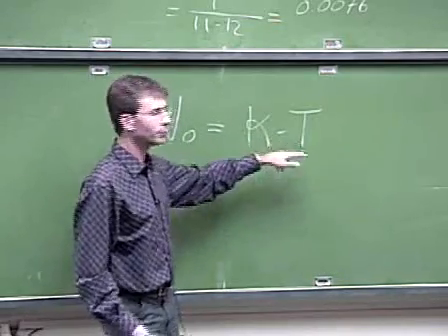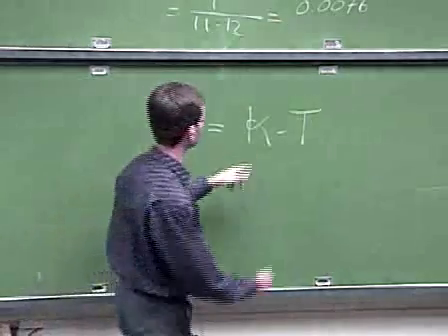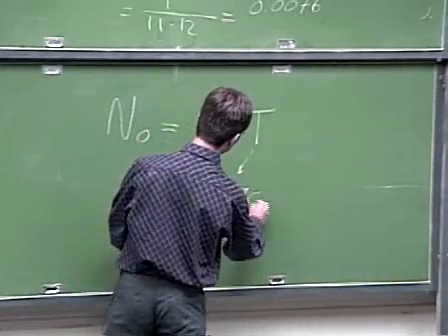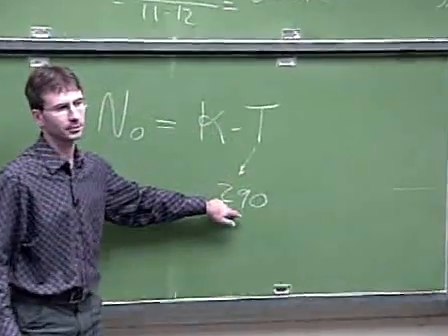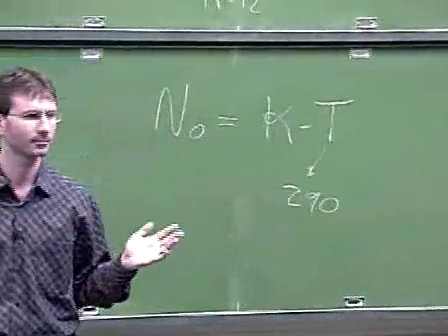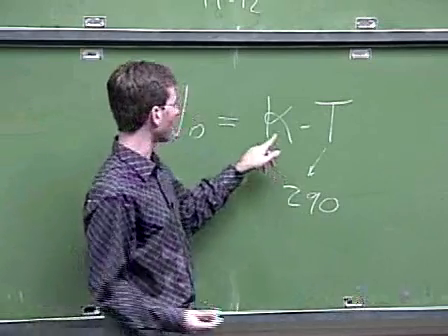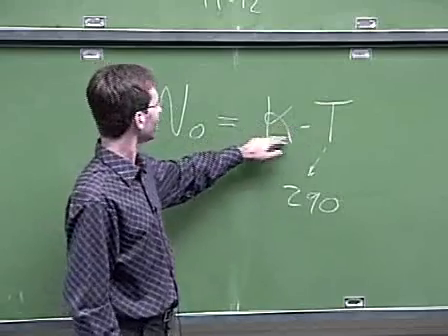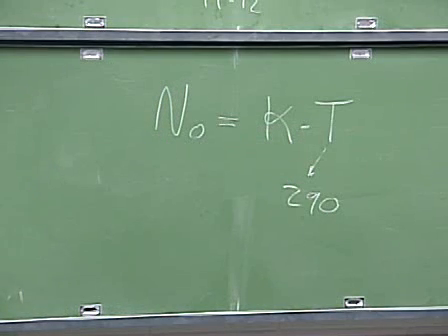That will give you N sub 0. The N sub 0 that you use in the problem sets, if you look them up, you'll see that they correspond usually to K times a temperature of about 290, which is about 17 degrees Celsius. I'm not very good in Fahrenheit, but like 60. So usually the N sub 0 that you're using in the problems is just given by Boltzmann's constant, which is 10 to the minus 23 times something, times this temperature, which is the ambient temperature at New York City, June time, or April, I guess.